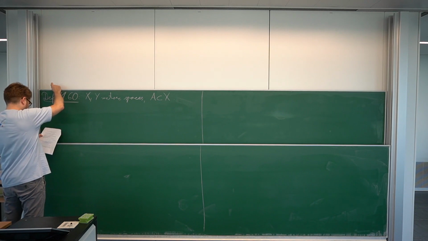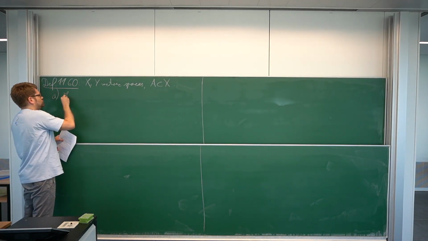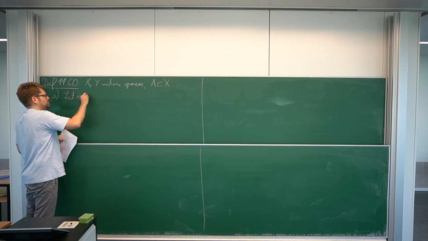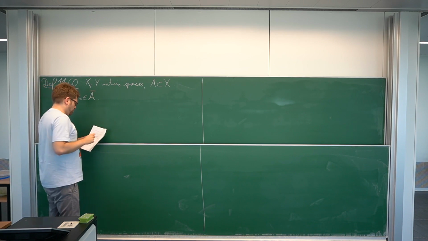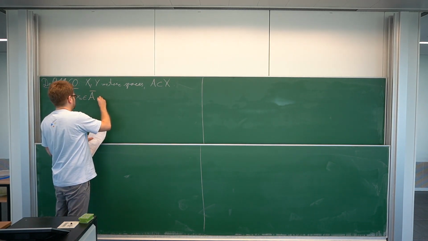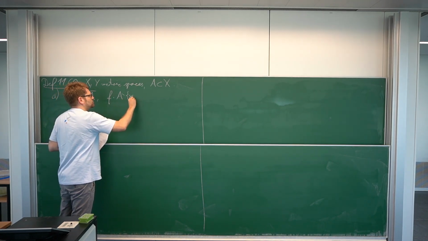Then we take a point x0 in the closure of A. And we assume we have a continuous function on the subset A without x0.